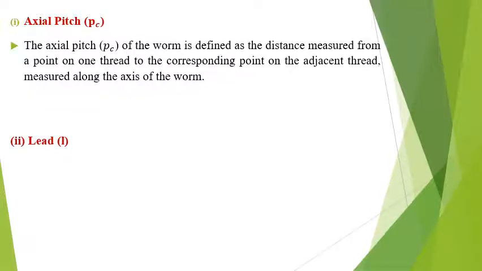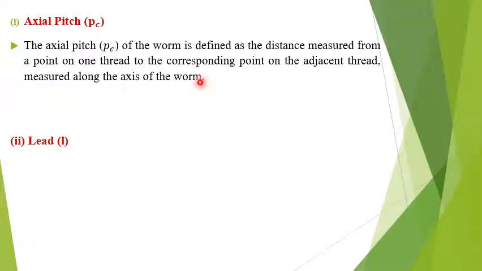Coming to the terminology, the first one is the axial pitch, which is represented by PC. The axial pitch PC of the worm is defined as the distance measured from a point on one thread to the corresponding point on the adjacent thread, when measured along the axis of the worm.